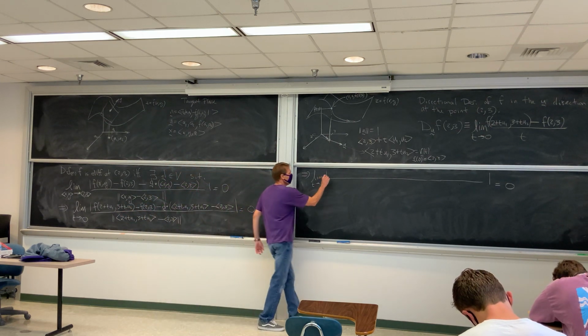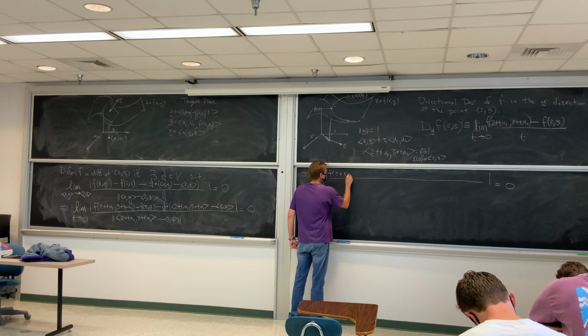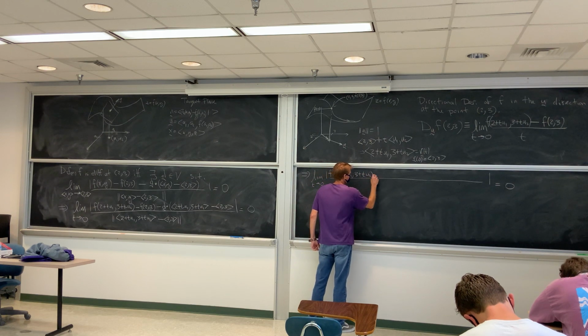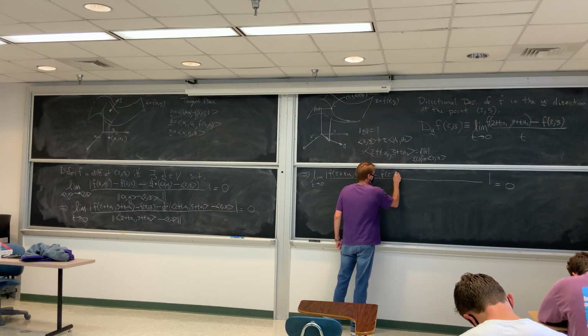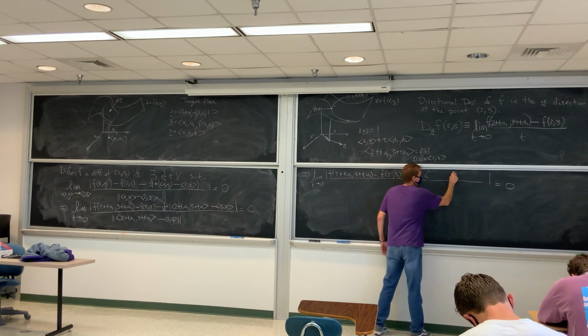So it'd be f of 2 plus t u1, 3 plus t u2, minus f of 2, 3, minus d dot the vector t u1, t u2.